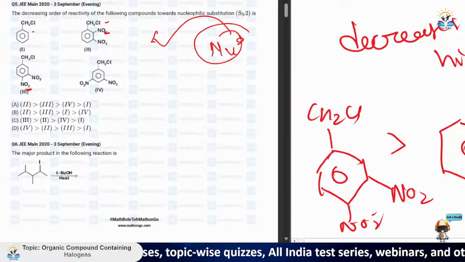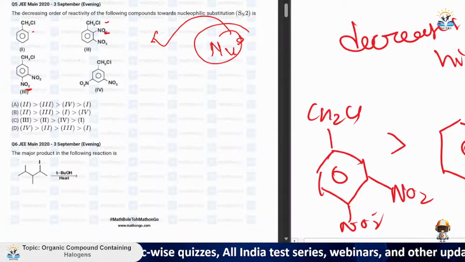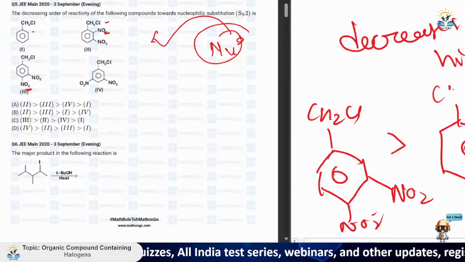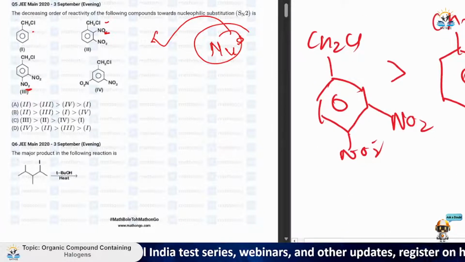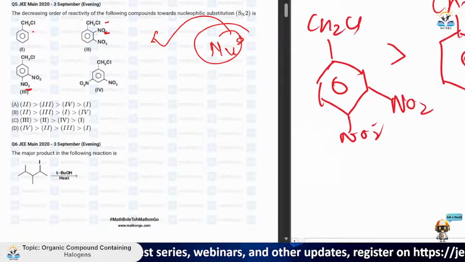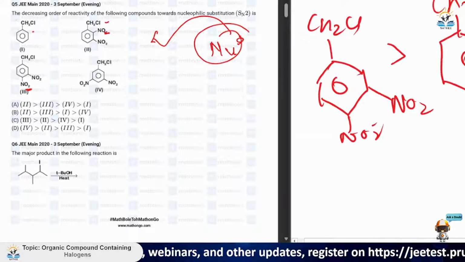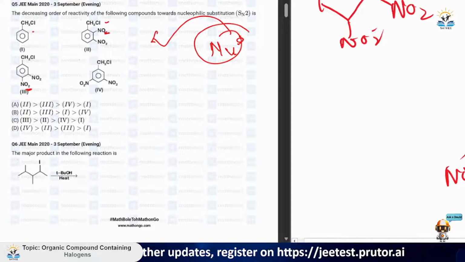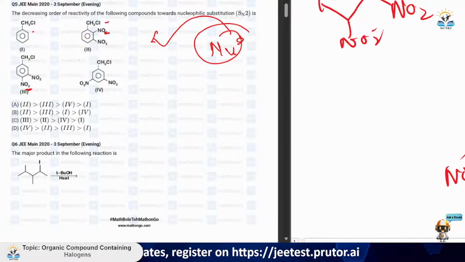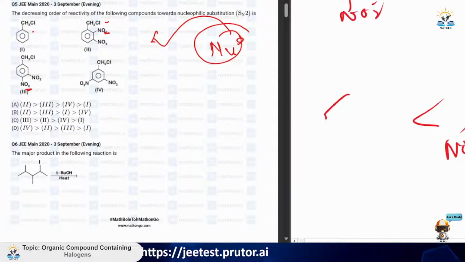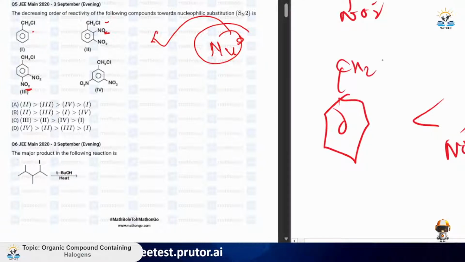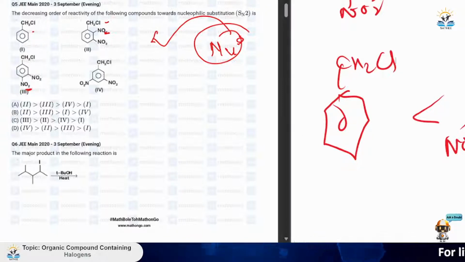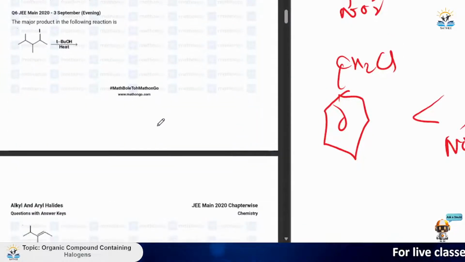Now here, not both ortho and para come; one ortho comes but para is not here, so the nucleophile can attack better here than the next one. But this one has a single NO2 and CH2Cl, so no ortho and no para, that's why it is the third one. And the last one will be the simple one, that is CH2Cl. So the order will be like this. You can match the option according to that. Now let's move on to the next question.